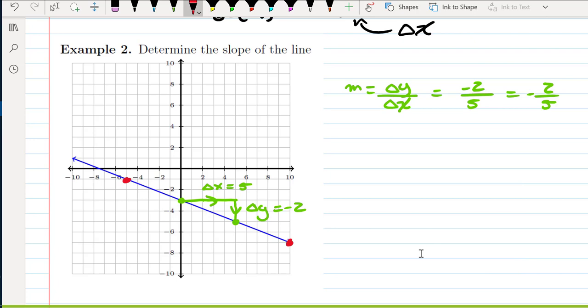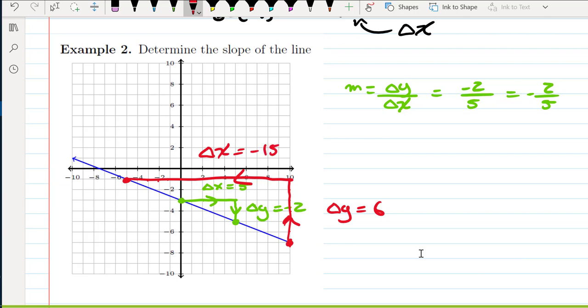It's worth noting that if I were to pick some other points, say this point and say this point, and go in this direction, this time I would go up 1, 2, 3, 4, 5, 6. So my change in y would be +6. But since I'm going to the left now, my change in x would be negative: 1, 2, 3, and so on up to 15.